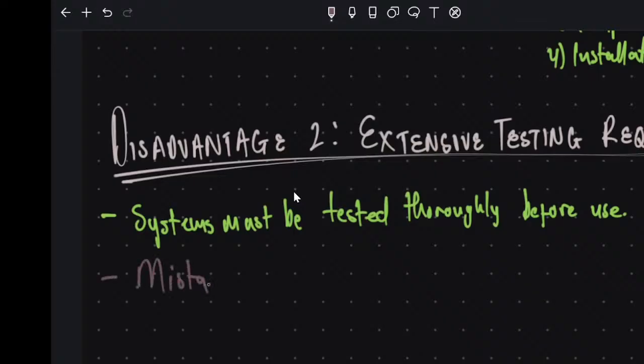Because mistakes could be dangerous. When we say mistakes, we mean this automated system does not know it's doing wrong. So nothing will stop it because it's not aware. It doesn't know. That's very dangerous. So extensive testing is required.